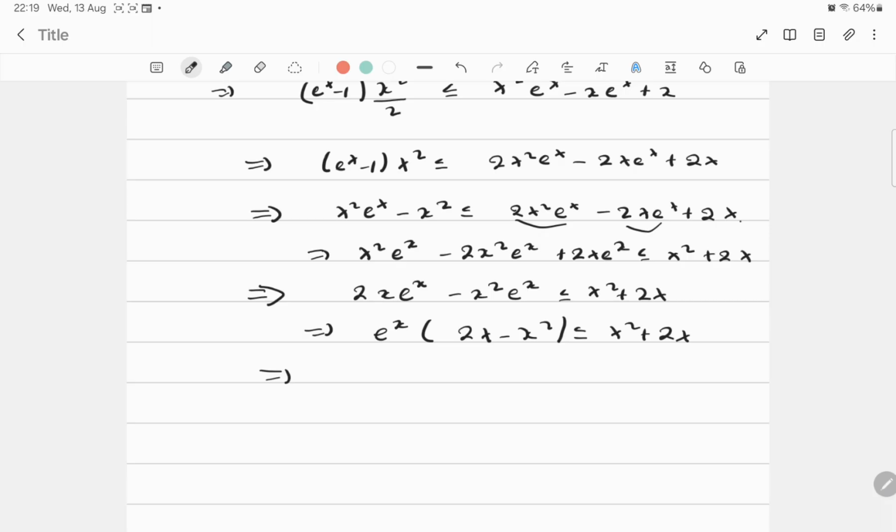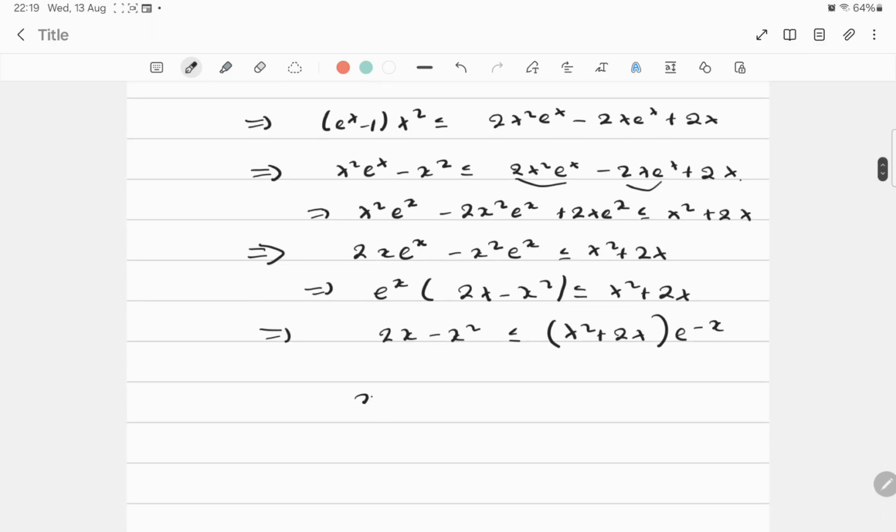Now multiply by e to the minus x and you have 2x minus x squared less than or equal to x squared plus 2x times e to the power of minus x, where x is from 0 to infinity. And that's our final inequality.